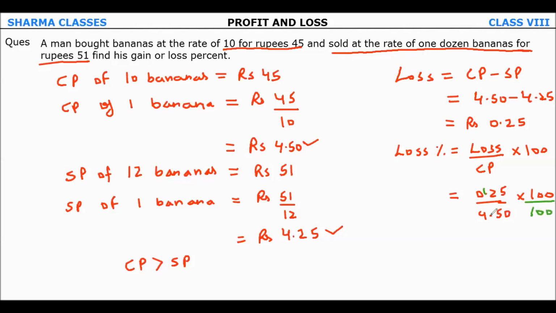And if I remove decimal from here, I will put 100 in the numerator. So when I will solve it, I can see 100 is getting cancelled with 100. This 0 is getting cancelled with 0. And this 45 and 25, we can cancel them at the table of 5. 5 5s are 25, 5 9s are 45. So I'm having 50 by 9 from here. 50 by 9%, or 5 5/9%.